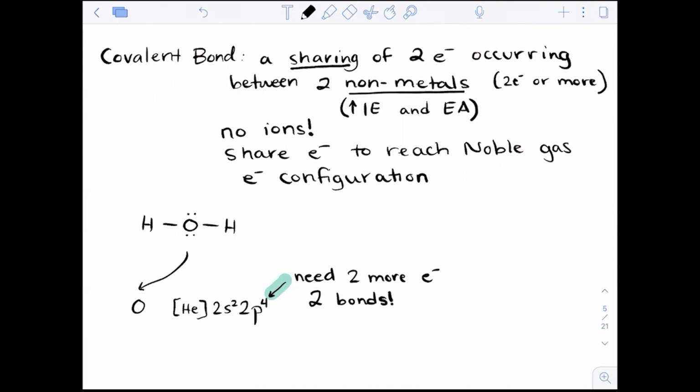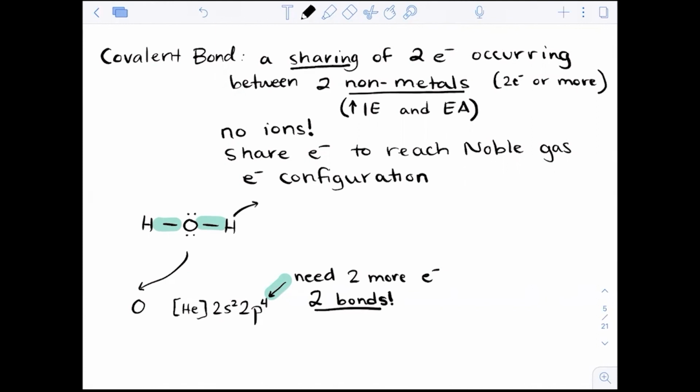Now it can make more, it can make less, but in general, why we see in water we needed 2 bonds to make that molecule is because oxygen needed 2 more electrons. Once it reaches H2O status, it gains 2 electrons to put in its 2p orbital. So it becomes a 2p6.